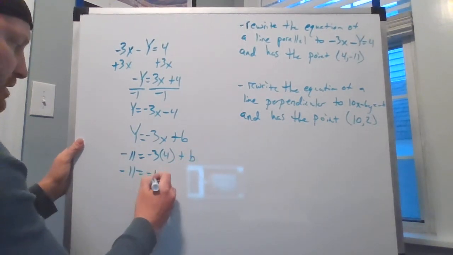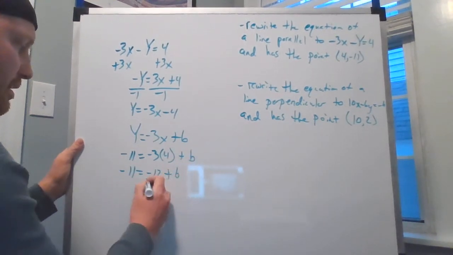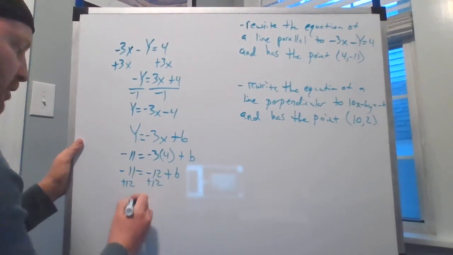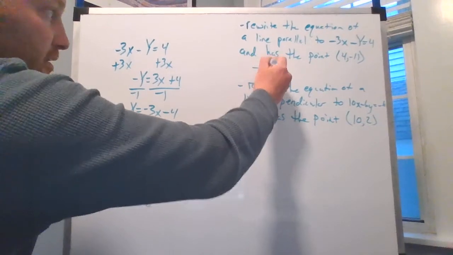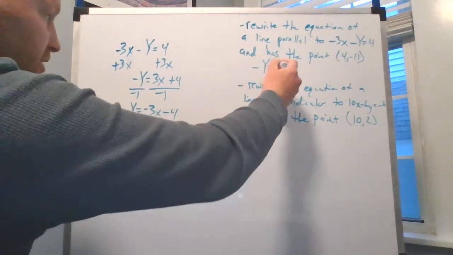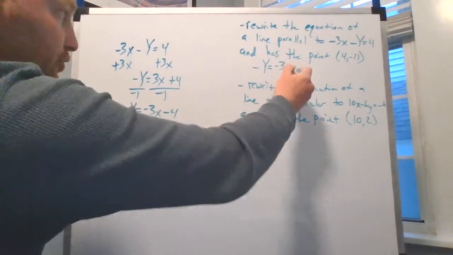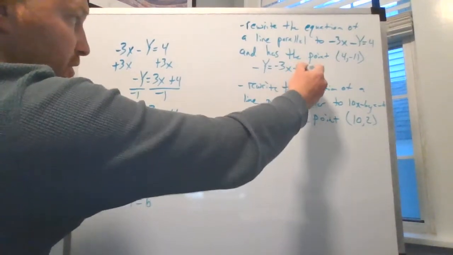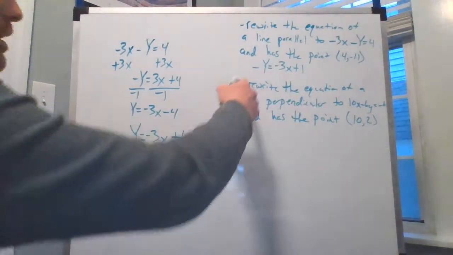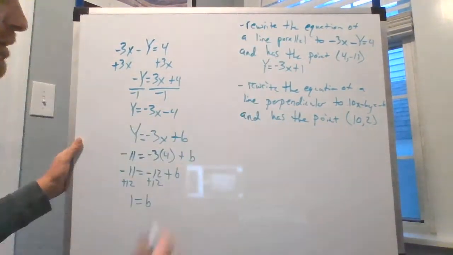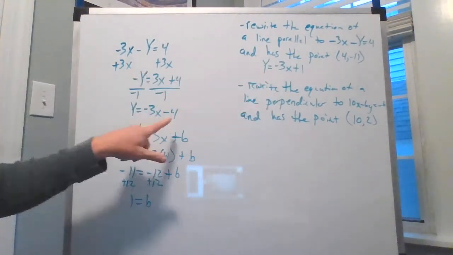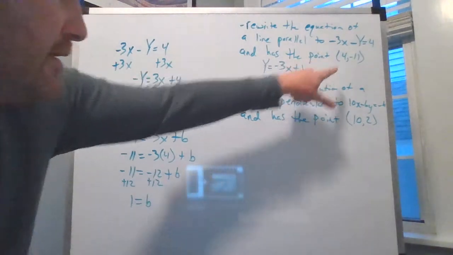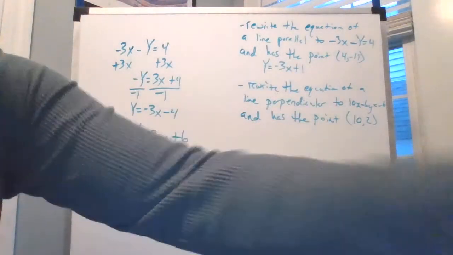Negative 11 equals negative 12 plus b. Last but not least, add 12 to both sides. 1 equals b. So the line that's parallel to this is y equals negative 3x plus 1. There's the equation, y equals negative 3x plus 1. This is the line parallel to this line that has this point, doing this stated work.